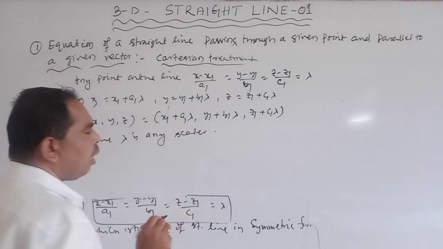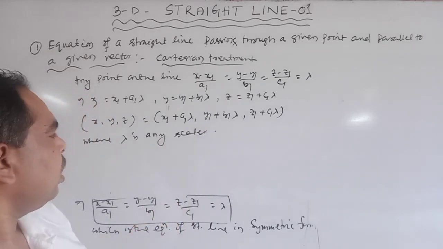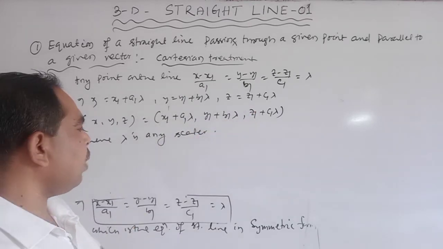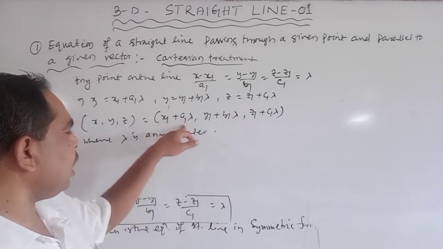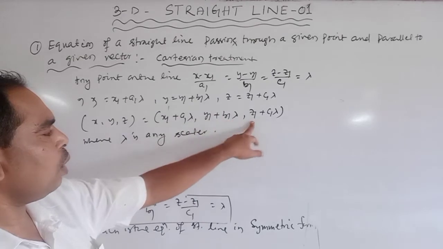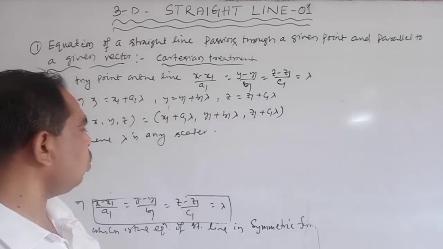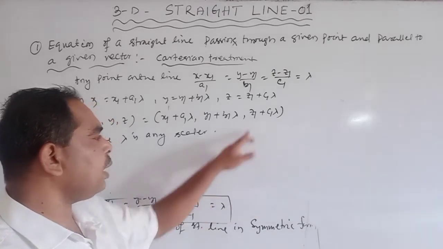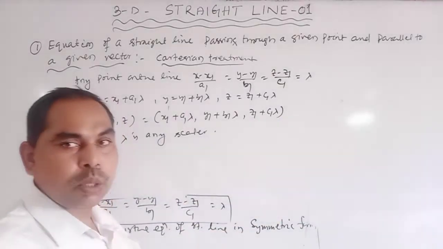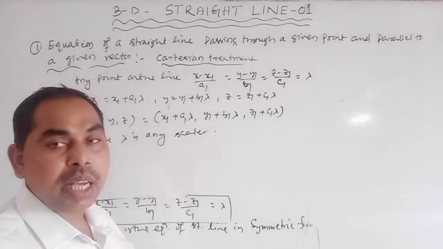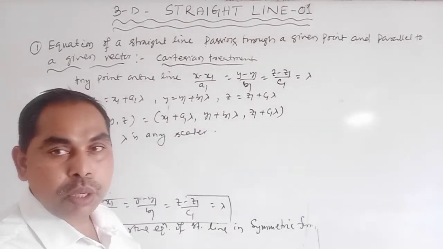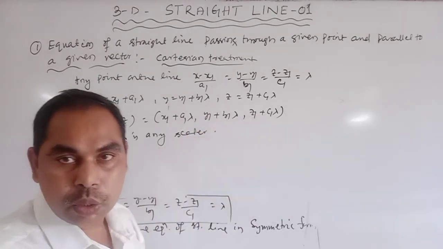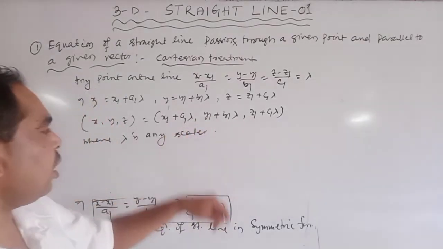If lambda is 0, the point is x1, y1, z1. If lambda is 1, it becomes x1 plus a1, y1 plus b1, z1 plus c1. If lambda is 2, it becomes x1 plus 2a1, y1 plus 2b1, z1 plus 2c1, and so on. So the line passes through infinitely many points, depending on lambda. This is the any point on the line.